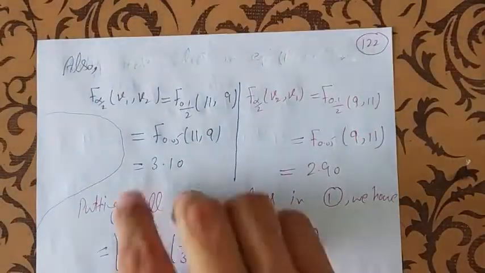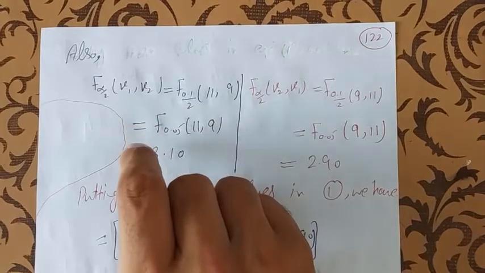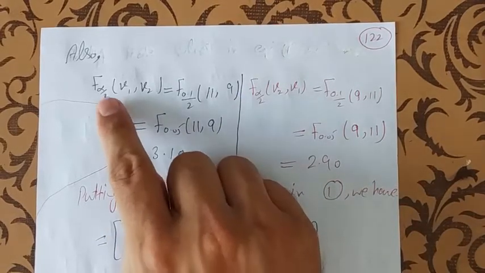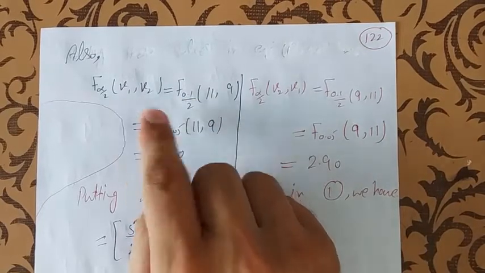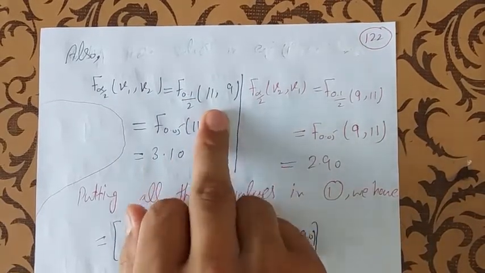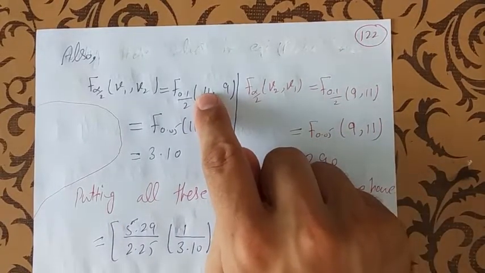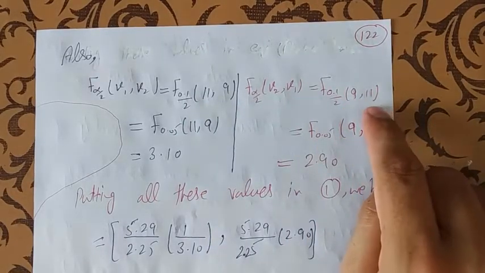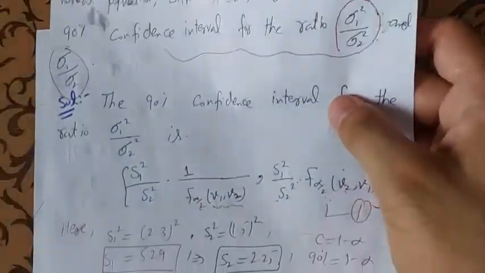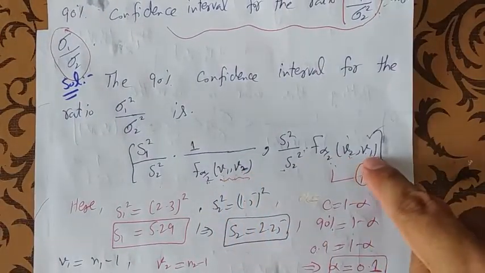After that, find f alpha by 2 with nu 1 comma nu 2, where the value of alpha is 0.1 divided by 2, and the values of nu 1 comma nu 2 are 11 comma 9. Secondly, you have to find the other one: we write 9 first and 11 second, because in the formula first we write nu 1 comma nu 2 and then nu 2 comma nu 1.